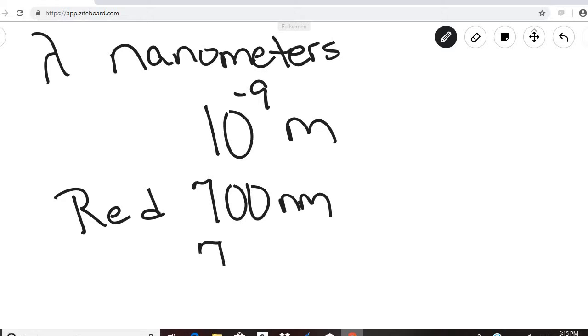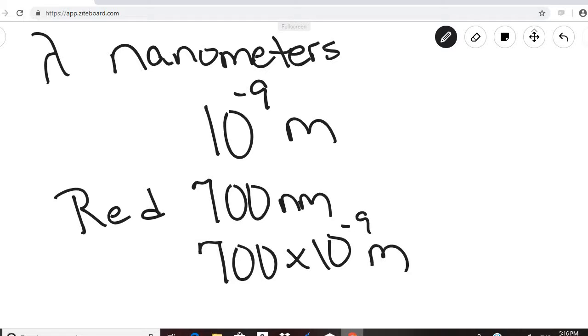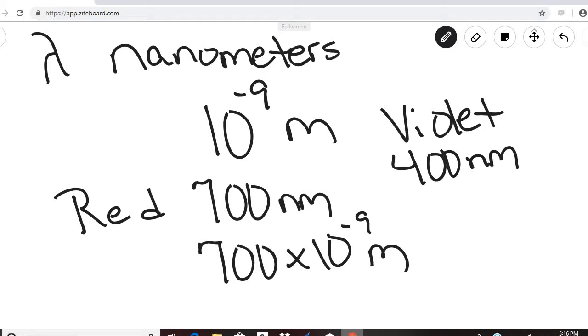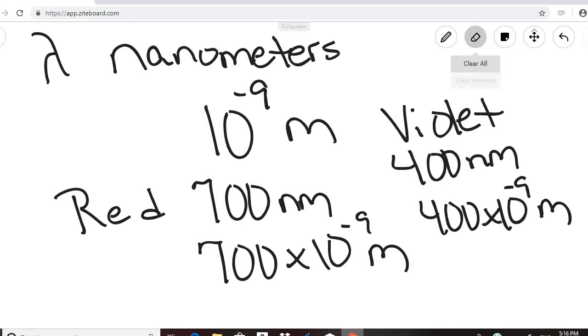So that would be 700 times 10 to the negative 9 meters. And then on the other side, violet light has a wavelength of 400 nanometers. And so that would be 400 times 10 to the negative 9 meters. So nanometers, 10 to the negative 9.